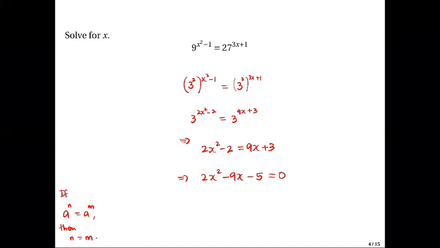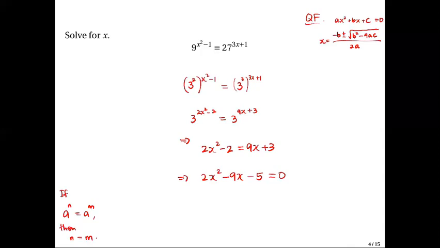So you know, it's a good way of solving quadratic equations. So for the quadratic formula, you have ax squared plus bx plus c equals 0. Your x is equal to negative b plus or minus the square root of b squared minus 4 times a times c, all over 2a.